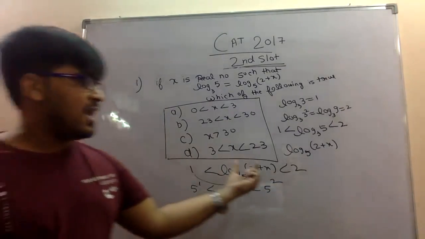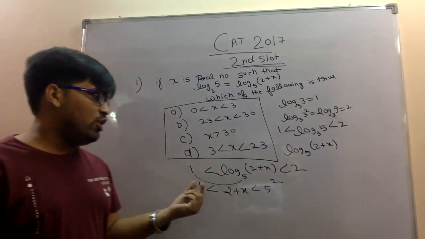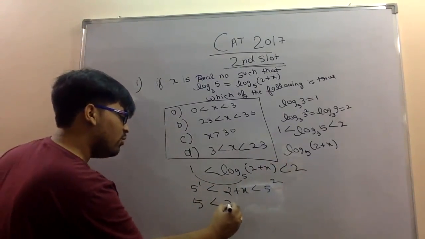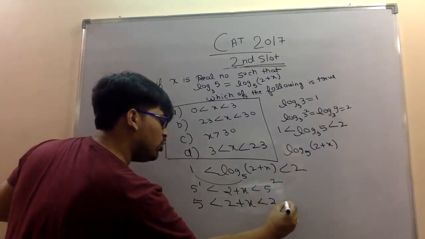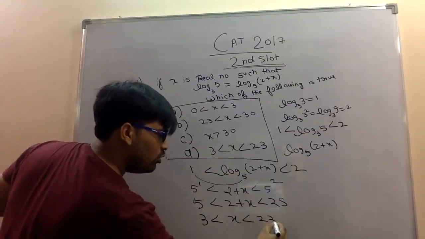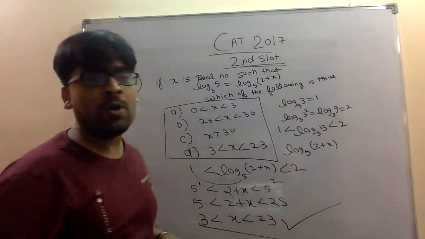That means 2 plus x will vary from 5 to the power 1 to 5 to the power 2. That means 2 plus x will vary from 5 to 25. So x will vary from 3 to 23, and that will be your answer.